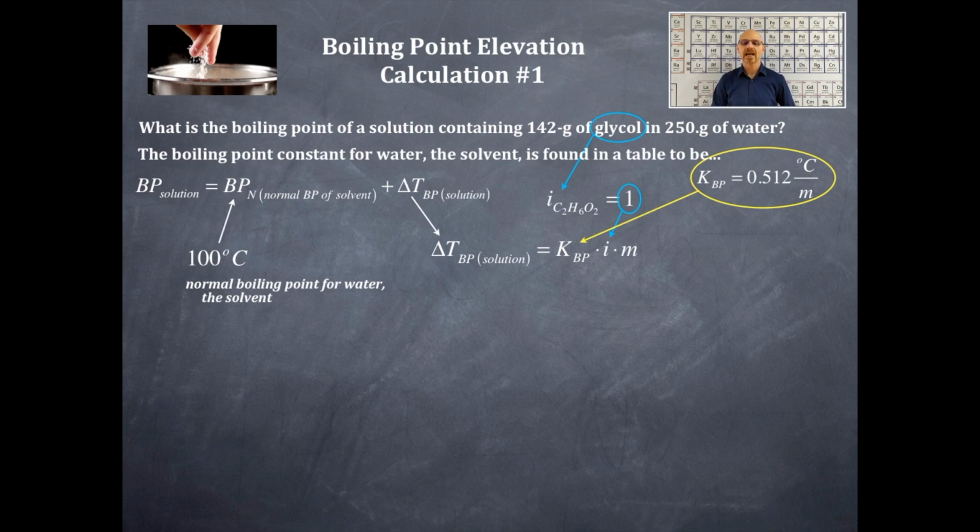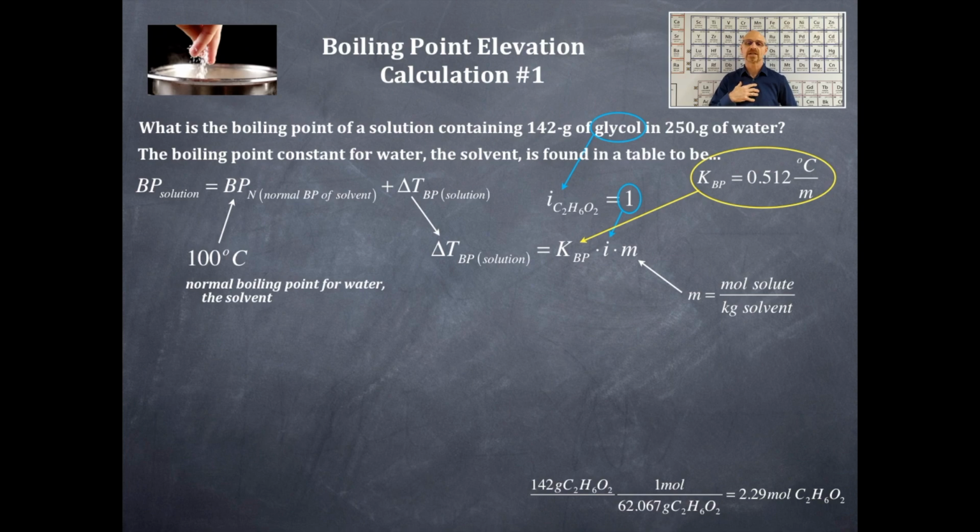Then the molality. The molality is the moles of the solute over the kilograms of the solvent. I'm going to first solve for the moles of the solute. I've taken the 142 grams of ethylene glycol divided by the molar mass of ethylene glycol, and I got 2.29 moles of ethylene glycol.